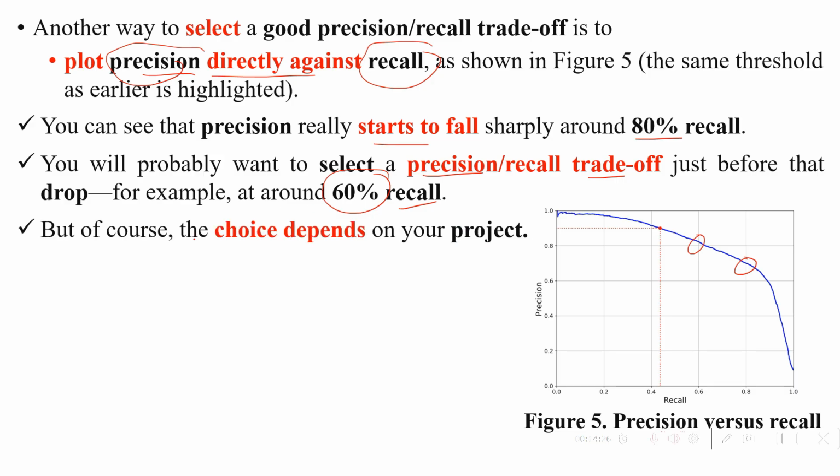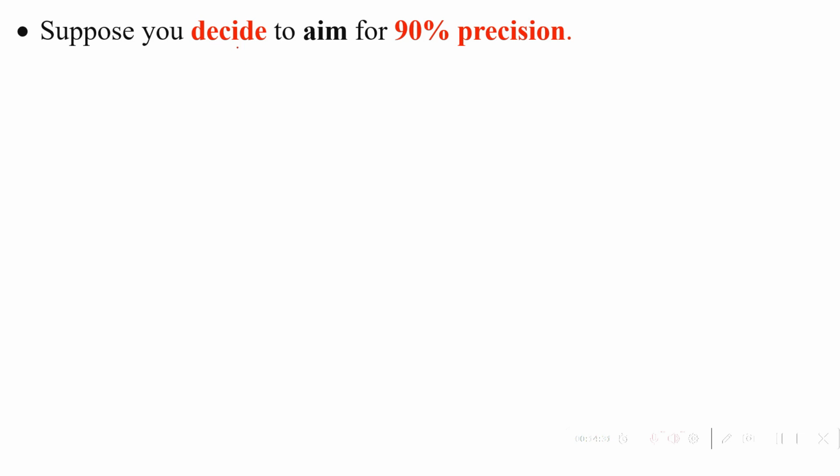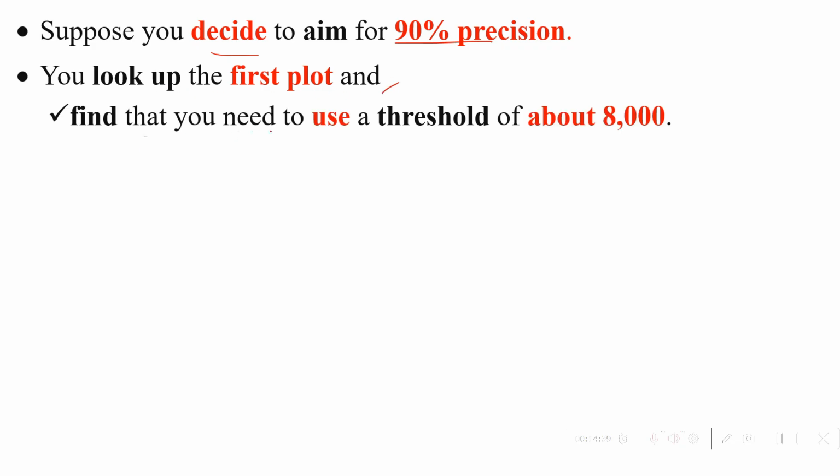Of course, the choice depends on your project. Suppose you decide to aim for 90% precision. First of all, you look up the first plot and find that you need to use a threshold of about 8,000.